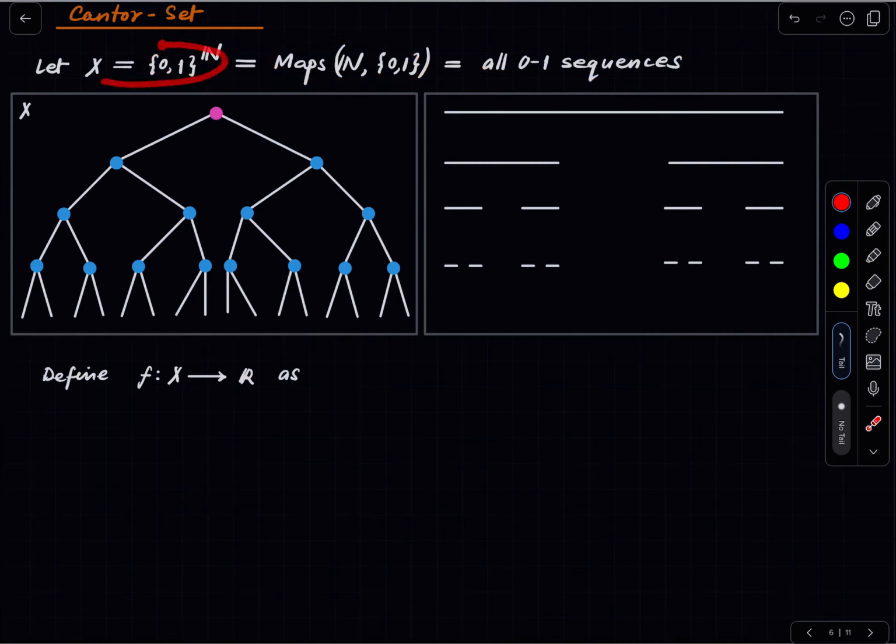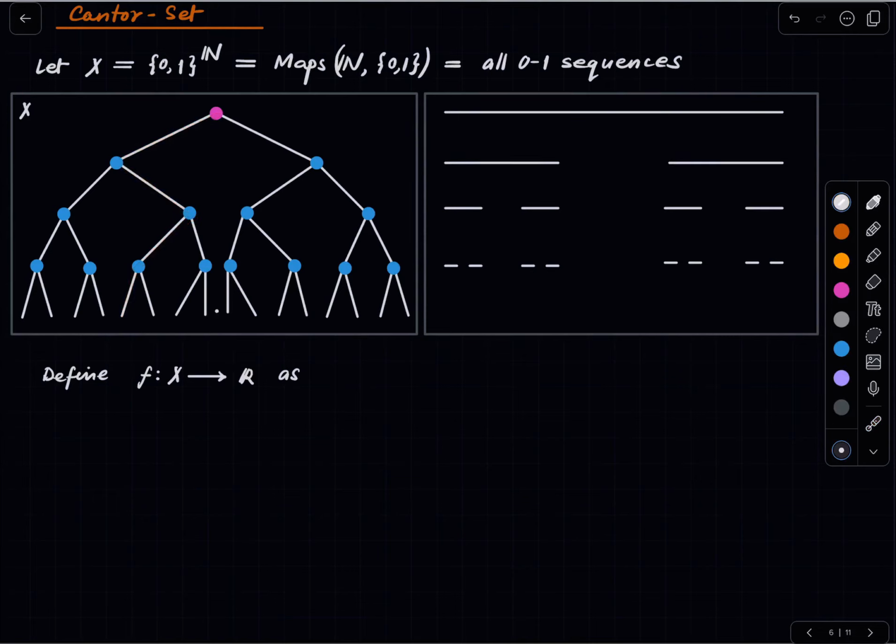So this is a set, and there is one way to visualize it. Start with a node, just call it a root or whatever. And if you go left, you record a 0. If you go right, you record a 1. So 0, 1, 0, 0, and so on. And you just keep on going. It's not a finite thing.